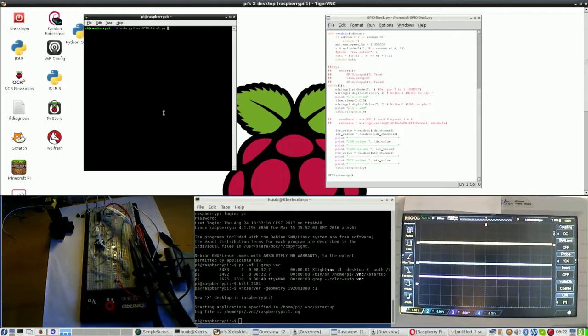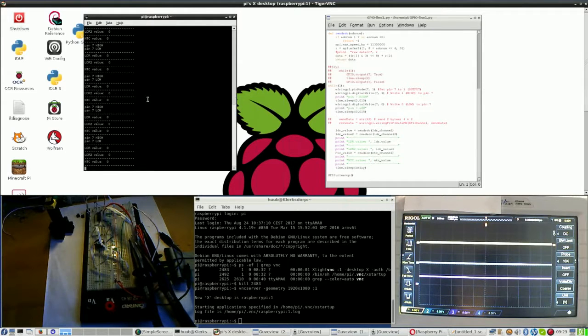One other thing that I still have to investigate is why the Raspberry Pi seems to reset if I try to measure on the pins here. If I touch this or any of the pins here or here, it suddenly reboots. Why? I have no idea. Anyway, let's see if something works out.